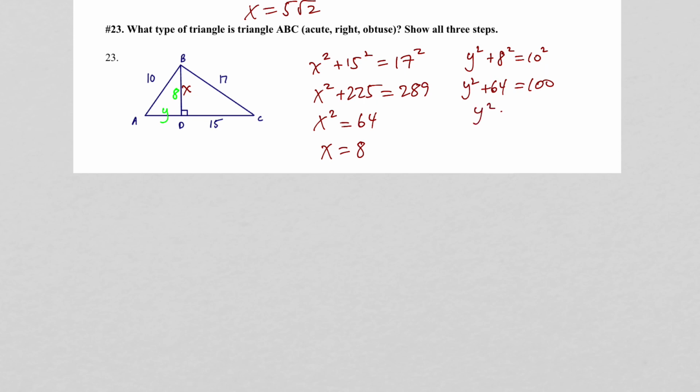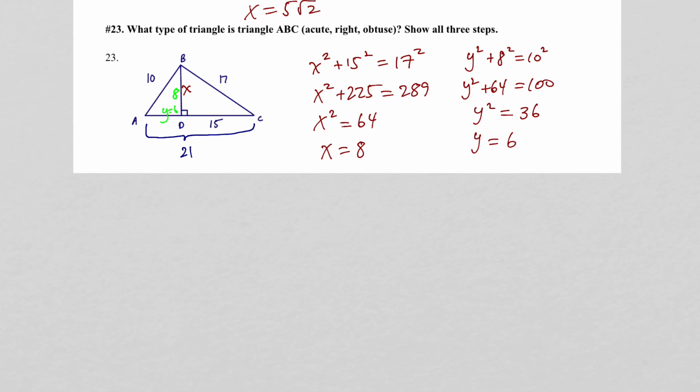So y squared is 100 minus 64, which is 36. So y is 6. Okay, so now this right here is 6. If this is 6 and this is 15, this entire side from here to here is 21.